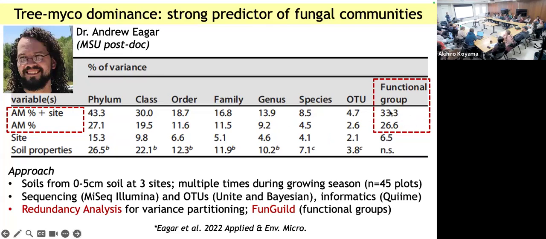And so at the level of grouping these fungi just by their functional guilds into pathogens, saprotrophs, so it's sort of a coarse resolution, but it's actually really good for modeling where we're not necessarily interested in every OTU. This works really well. And so it tells us that there's something about the AM interaction with site that is good for being able to understand and predict functional classifications of the fungi.